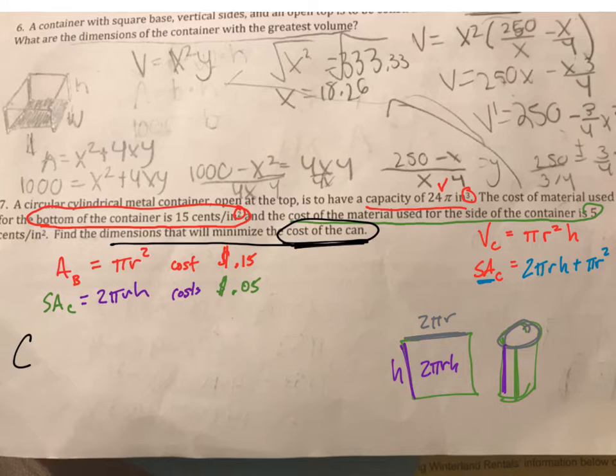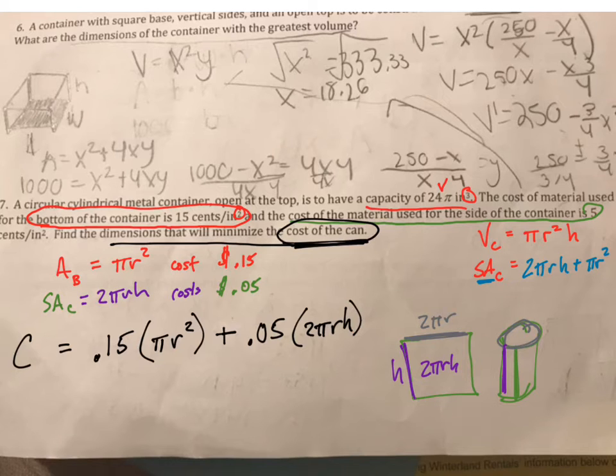The cost of the can is going to be equal to 15 cents times whatever the area of your base is, which is that. I'll fill in the variables later. Plus 5 cents times whatever the cost of the surface area of the side is, which is 2 pi r h.